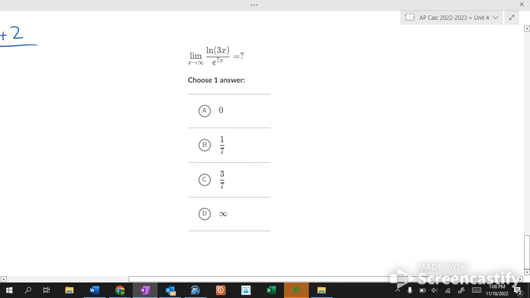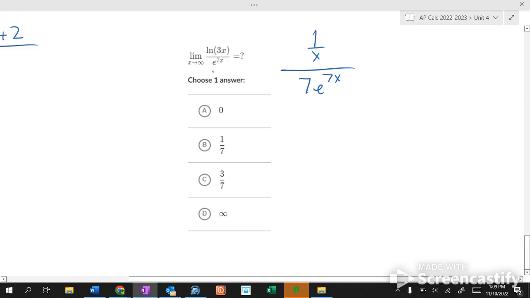All right, last one. I guess this would make infinity over infinity, so we have to take the derivative of both. What's the numerator become? 1 over 3x. No, it's 3 over 3x, which is 1 over x. What's the denominator become? 7e to the 7x.